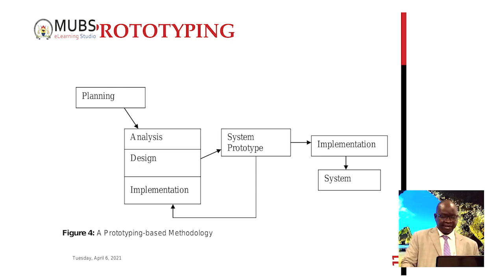From planning, you move to analysis. So, with the established problem at hand, what you do is do a quick analysis, design a quick system, and implement, code it. Come up with a working system, what we call a system prototype.